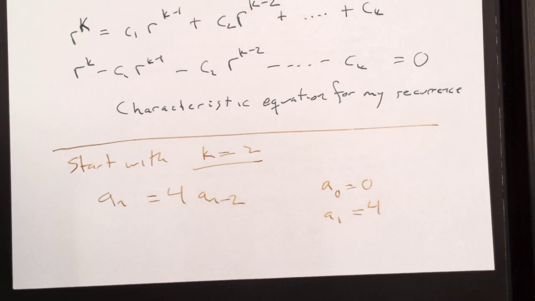Give me the characteristic equation for this recurrence. You'd end up with a quadratic equation whose variable is r.